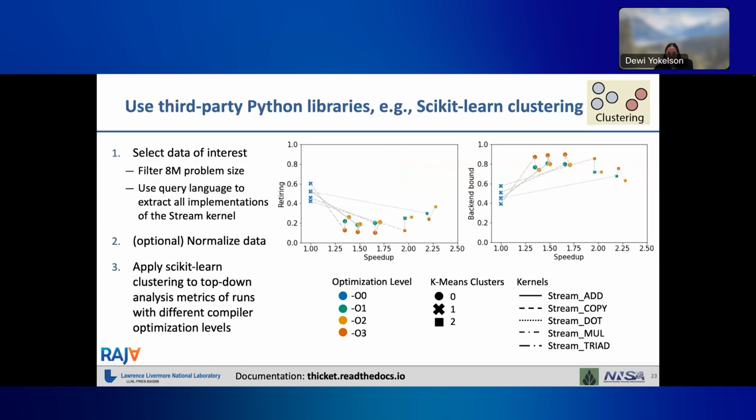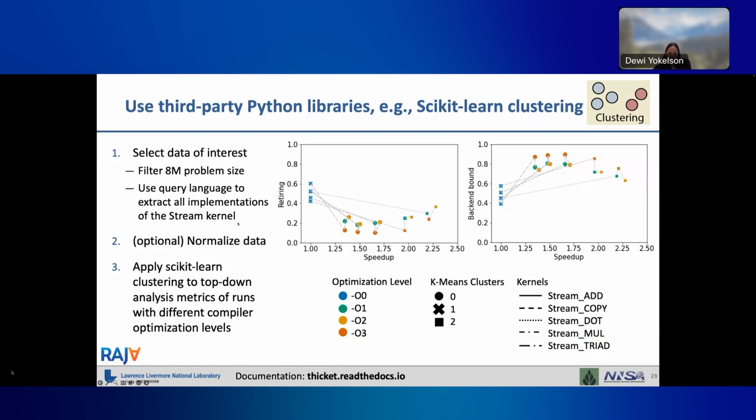Okay. As I mentioned, Thicket is written in Python, so we can leverage a lot of different third-party Python libraries. scikit-learn has a lot of different machine learning and clustering algorithms that we can utilize. This is an example of the clustering done with the RAJA Performance Suite. First we selected the data of interest. We looked at the 8 million problem size, and we used the query language to extract only the implementations of the stream kernel.